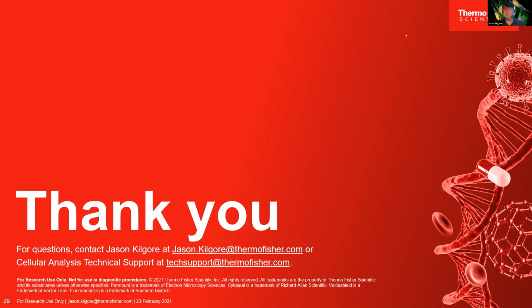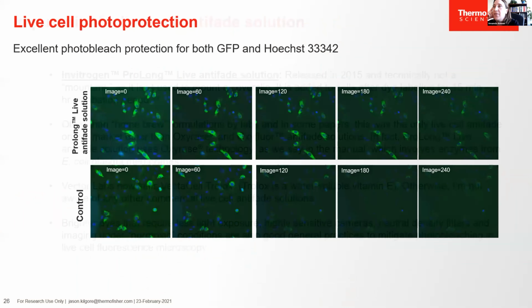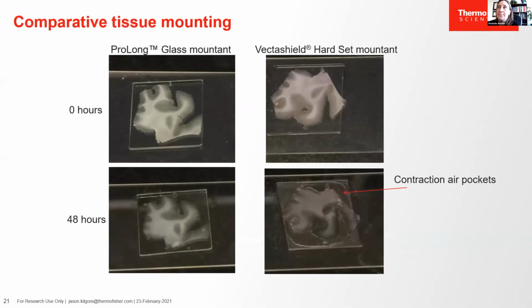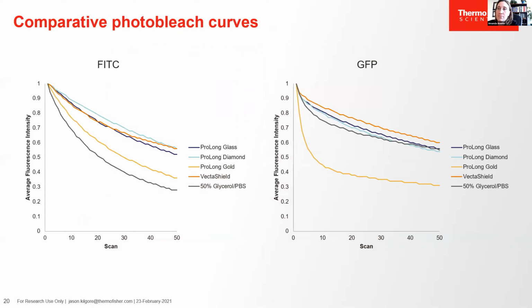Questions in the chat. Somebody asked, in slide 20, did the graph show PBS glycerol as good at preventing bleaching as the new polymerizing mounting media? No, so for GFP on the right, 50% glycerol was actually not much worse, frankly, than some of the other options there.